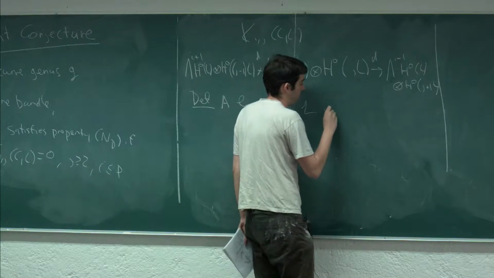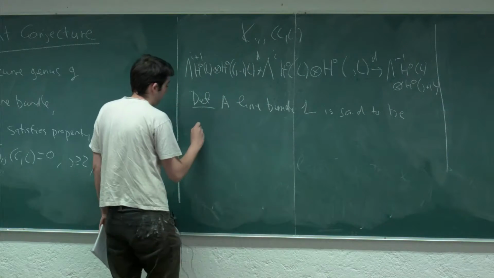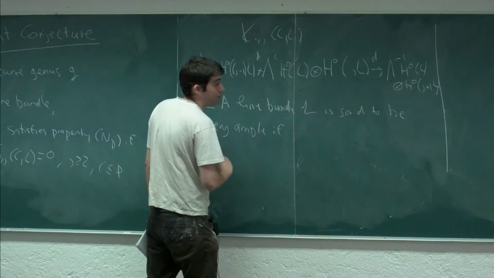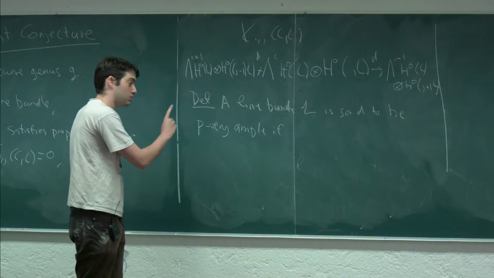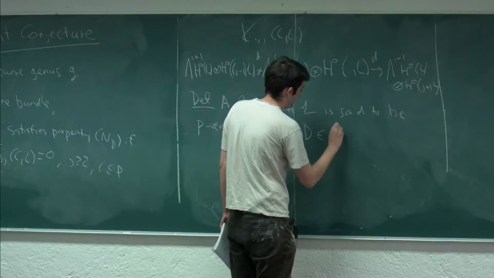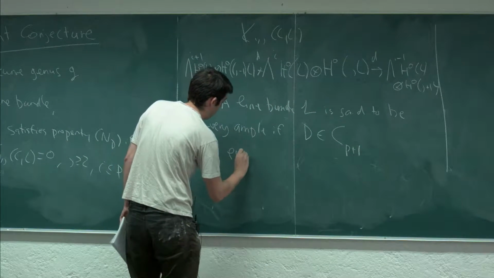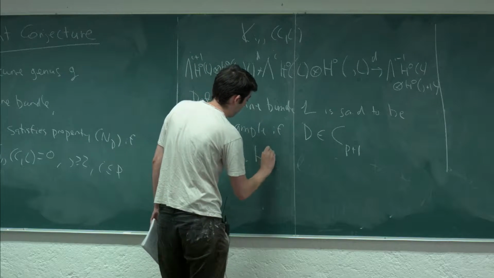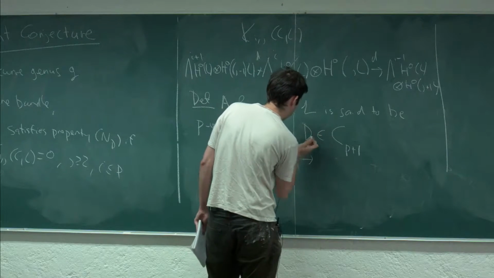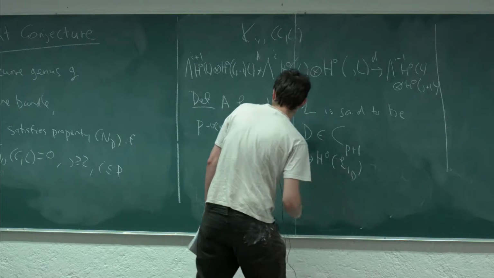A line bundle L is said to be p-very ample if for all effective divisors D of degree p plus 1, the evaluation map, given by restriction to D, is surjective.